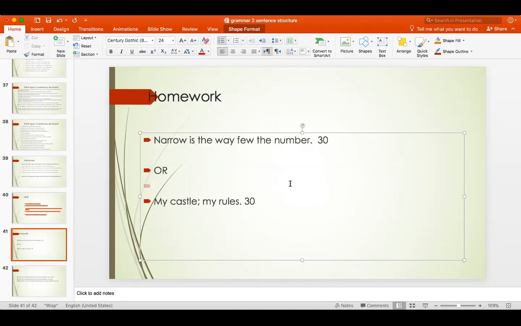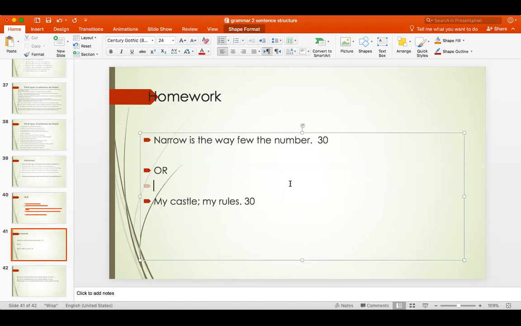So I'll give you a hint. Narrow is the way, few the number. If you make it "few is the number, narrow is the way," this is a sentence. Narrow is the way, or the way is narrow, full stop. The number is few, this is another sentence. If you say the number is few because the way is narrow, this is a complex sentence, correct?